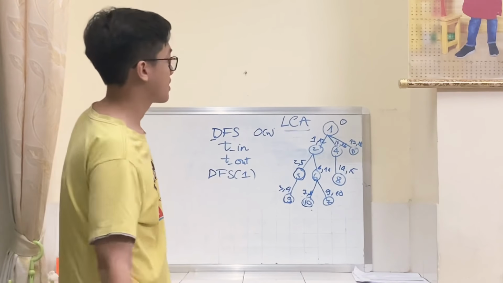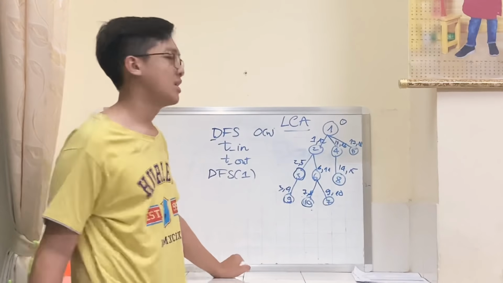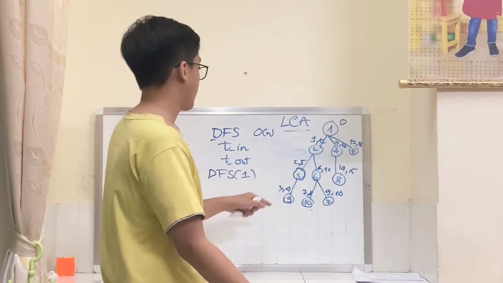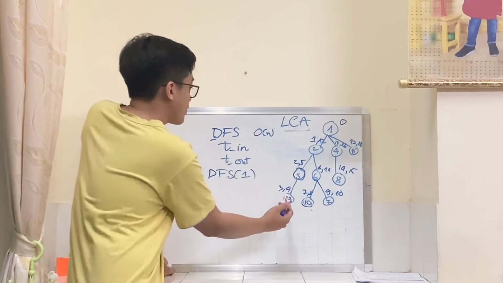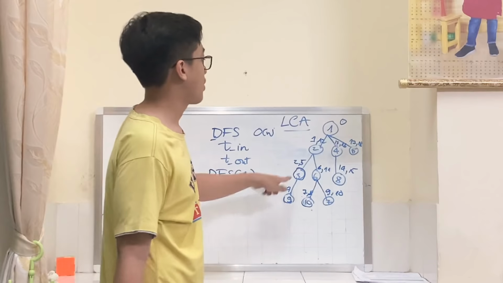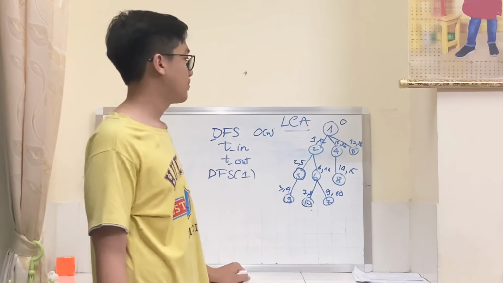It's obvious because DFS starts from the root, so it will visit node 2 first and then node 9. And the Tout of node 9 is smaller than that of node 2.